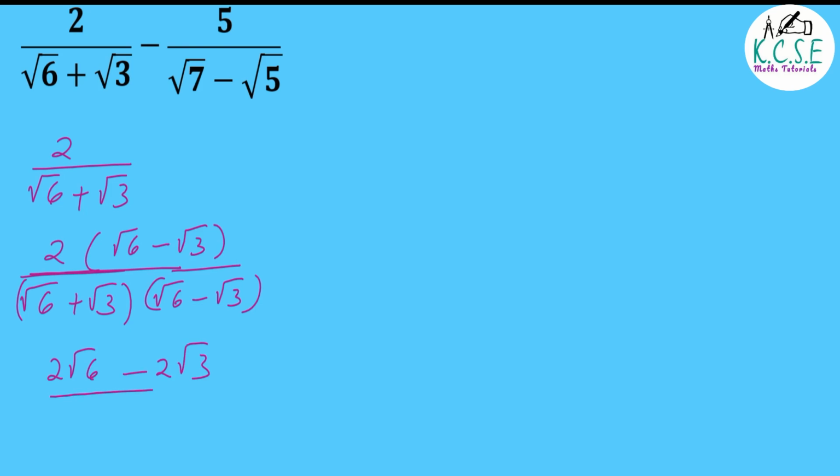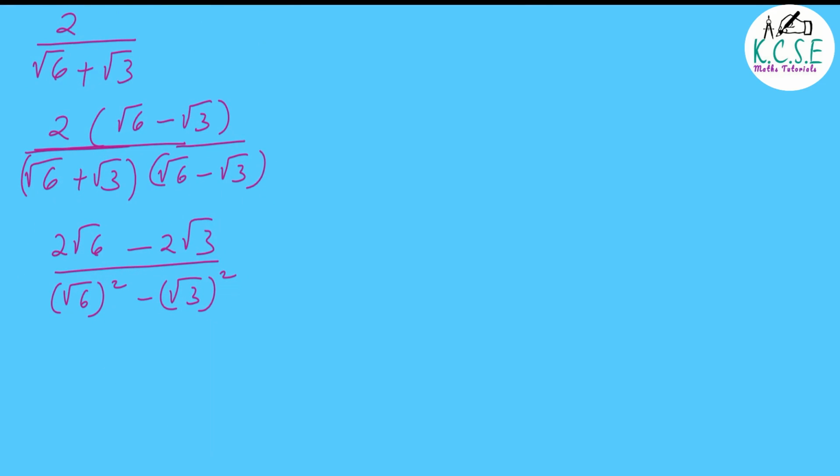Now for the denominator, this will be a difference of two squares. Therefore it will be given by root 6 squared minus root 3 squared, and this will simplify to 6 minus 3.